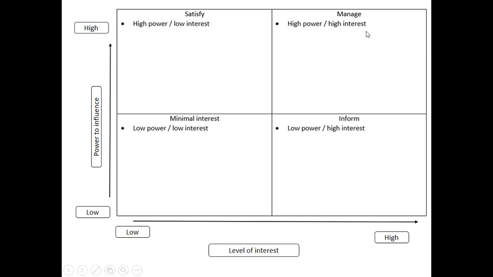So the high power, high interest group, you would need to manage those stakeholders. High power, low interest, we want to look to satisfy those stakeholders. We would inform low power, high interest stakeholders what's going on. They want to know what's going on, but they haven't got very much power to influence the organisation. And minimal effort for low power, low interest, we don't need to waste our time too much with those stakeholders.